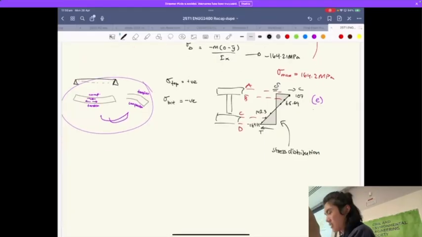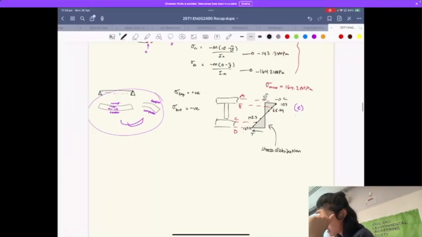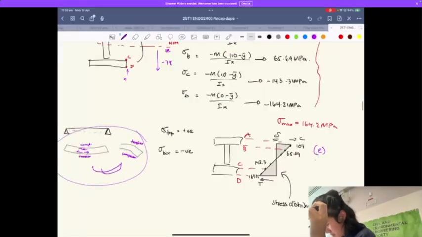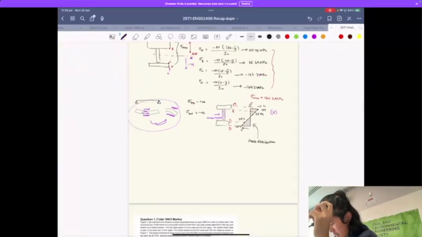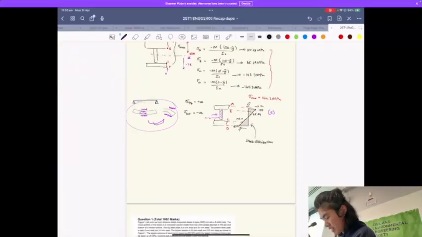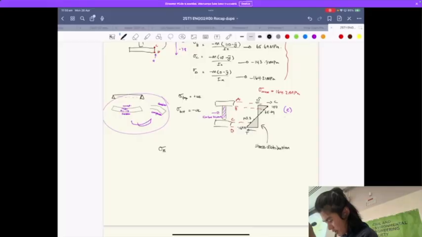Yeah. Okay, so this is actually an incorrect stress distribution. If you remember, this part was transformed from timber to steel. So we need to convert it back from steel to timber. The easiest way of doing that is by multiplying the stresses at the points you're interested in.